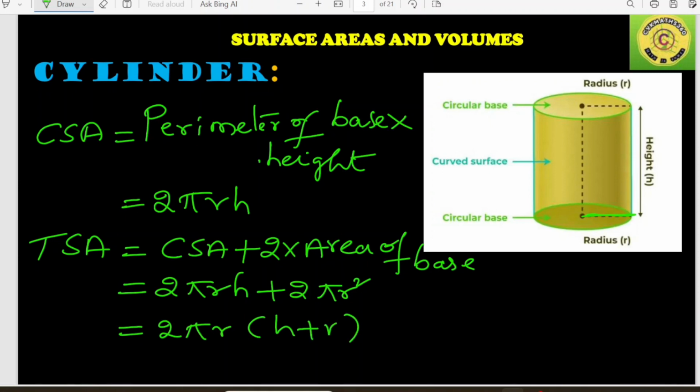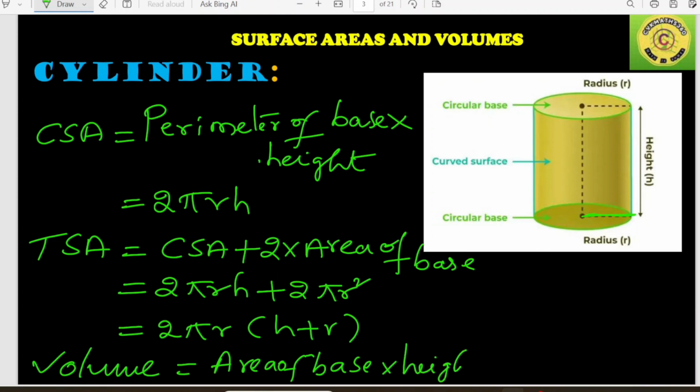This is the total surface area of cylinder. Then volume. Volume is nothing but area of base into height. So we get pi r square into height h. So volume of cylinder is pi r square h.